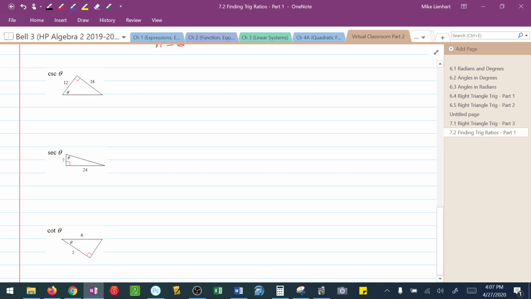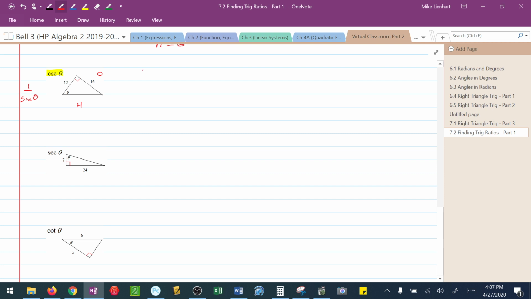Now I got the cosecant. I know that the cosecant is the reciprocal of sine. For sine, I need opposite and hypotenuse, and I don't know the hypotenuse.